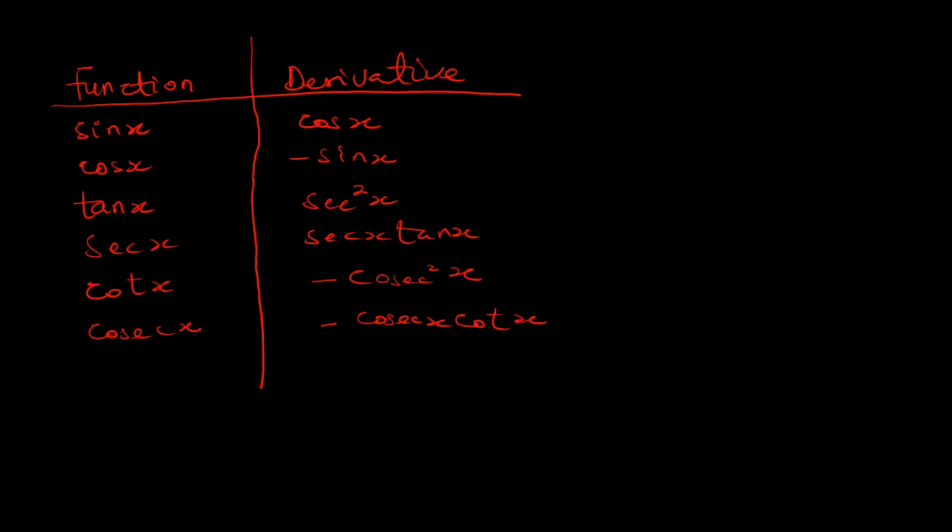Now let's get into the more interesting part. When we have a trig function, let's say y equals sine ax, you have to find y prime, or the derivative of y with respect to x. All that you have to do is to differentiate whatever is in the bracket. That's the angle. The angle will probably be a function of the independent variable x.